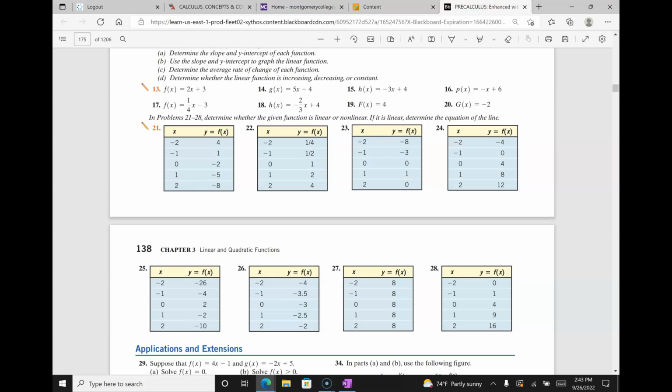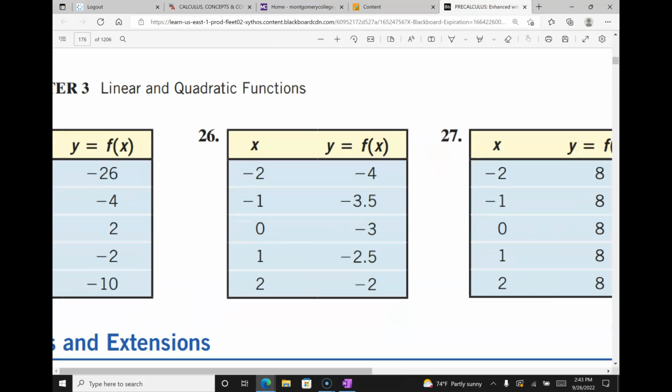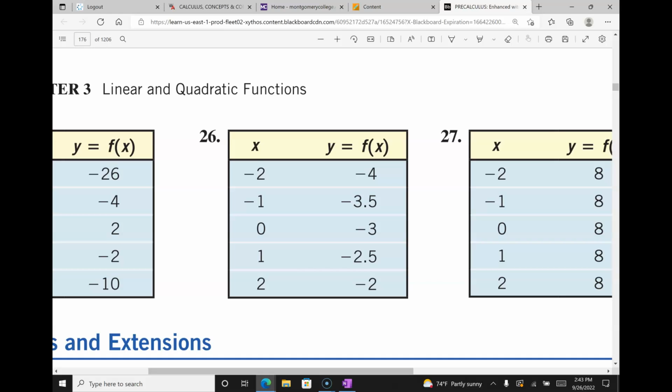How are they moving? Every time I move to the next row, what are my x values moving by? By 1, right? What about my y values? By a half, right? I'm adding a half every time.